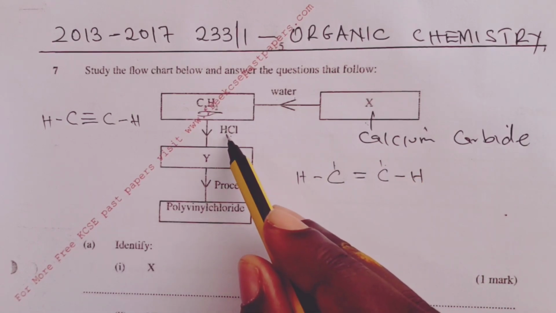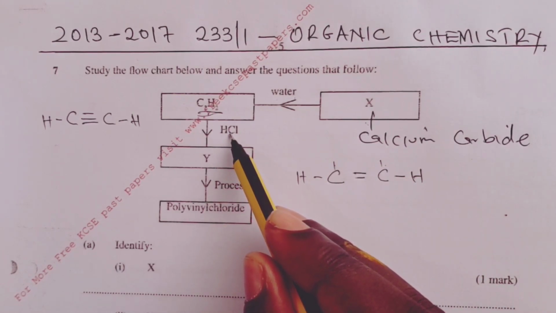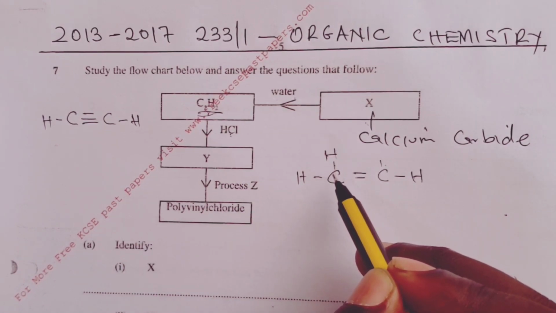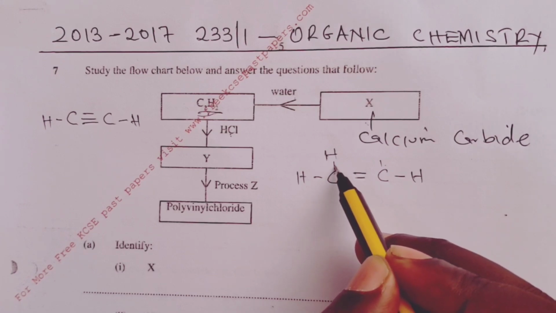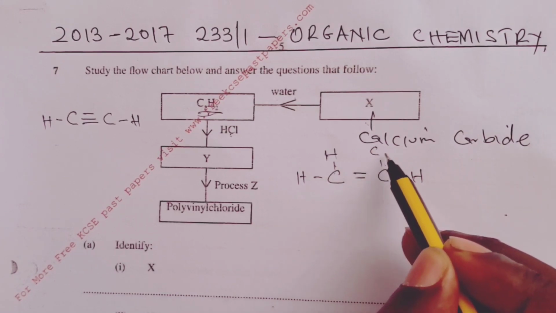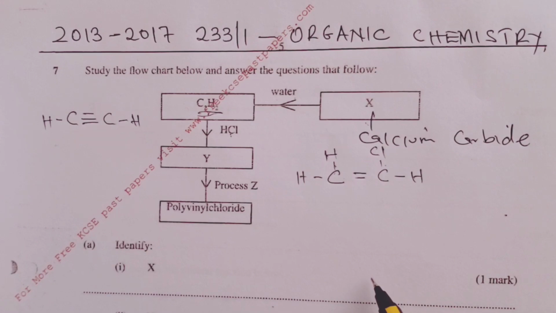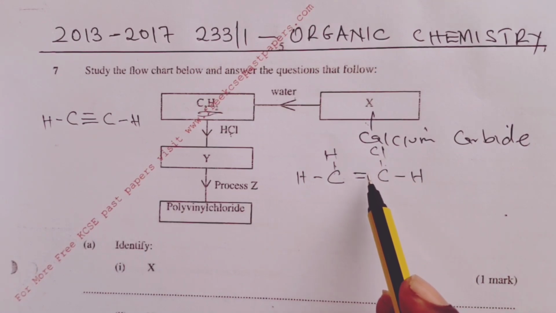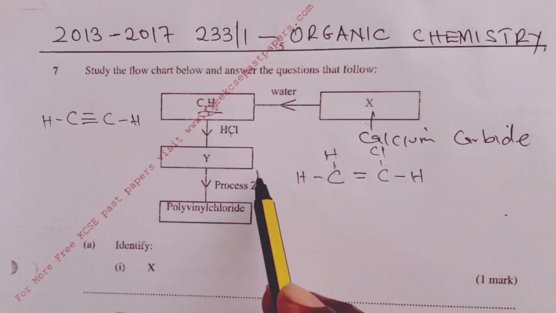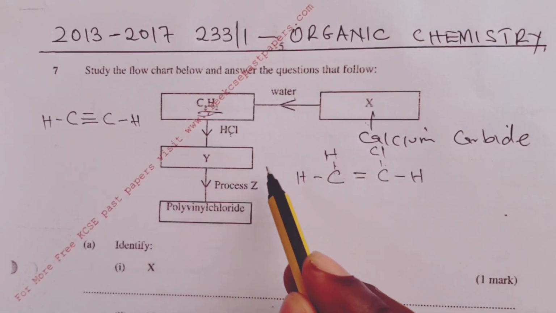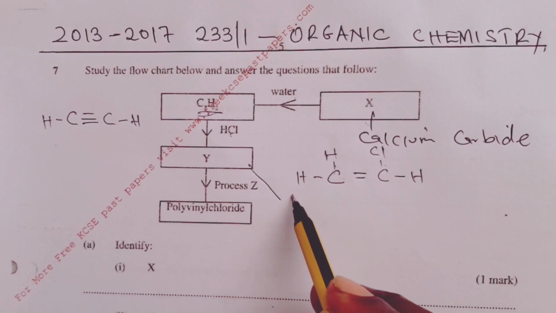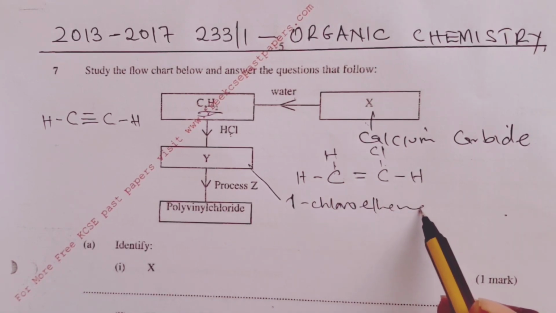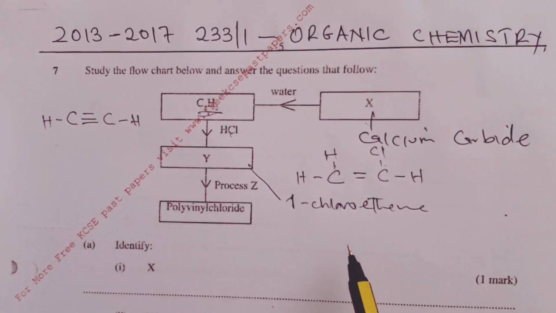And from our other reagent HCl, 1 hydrogen atom would attach itself here and the chlorine atom on the next carbon. So we end up forming what we call chloroethene. That becomes our substance Y. You can call it 1-chloroethene or simply chloroethene.